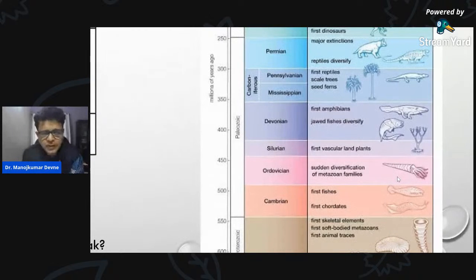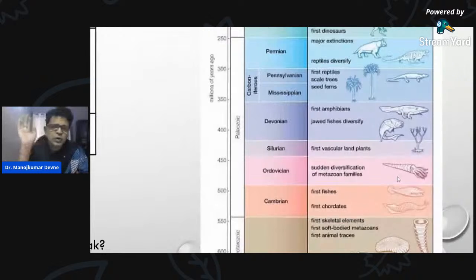Now, this 4.6 billion years of age, as far as the Earth is concerned, needs to be subdivided. How does this subdivision take place? Let me remind you that this division is not at all based on a geometric division. It's not that we take 5 billion and distribute it into 5 parts of 1 billion each, and then each billion is divided into 10 parts of 100 million each, and so on.